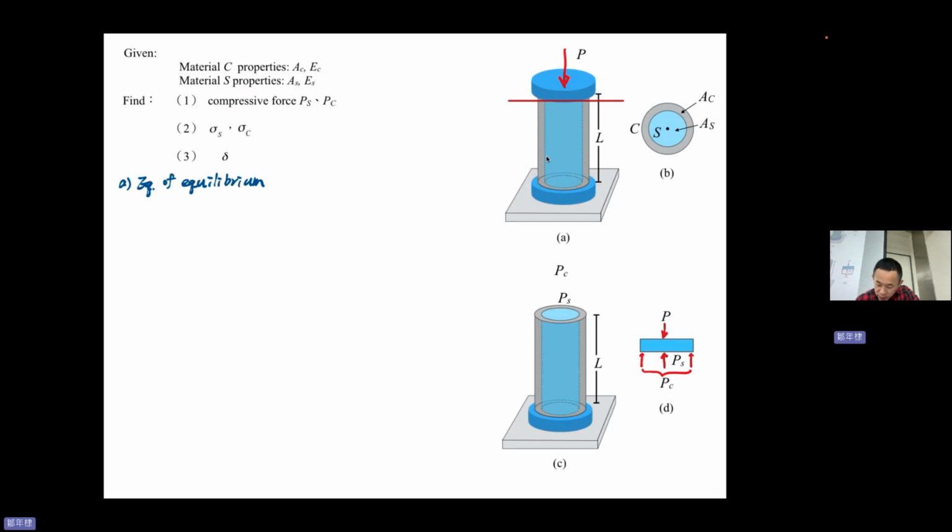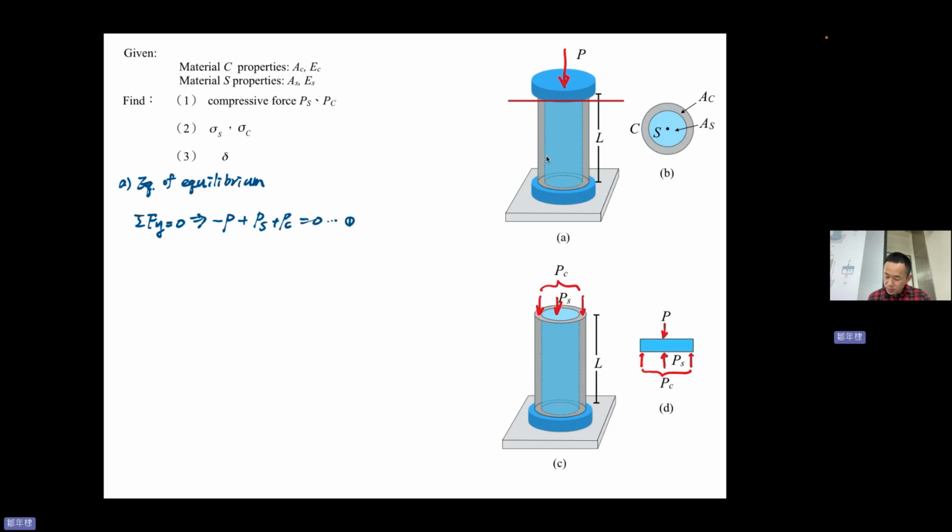And you can imagine that this force should be that, and of course, PC will be in the opposite direction, the same value. PS opposite direction, the same value. Of course, you can see that sigma Fy equal to 0, so minus P plus PS plus PC equal to 0.